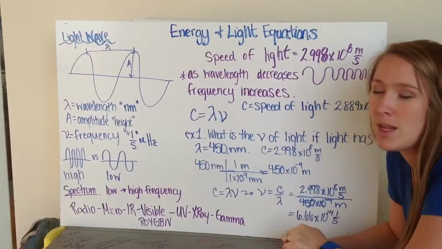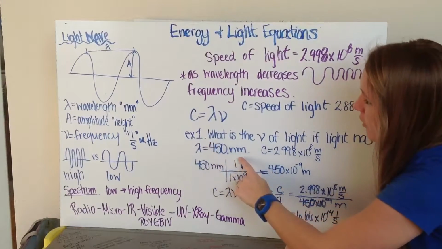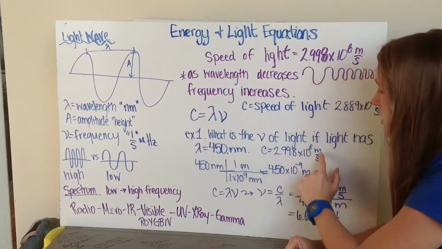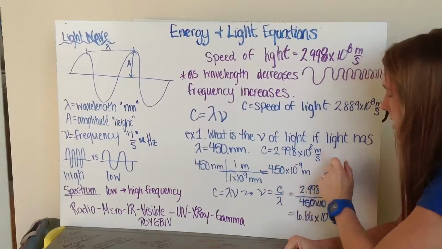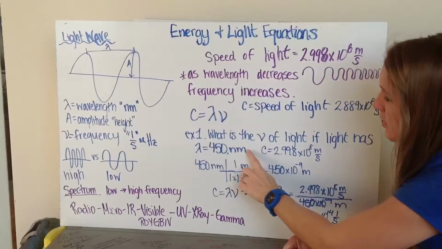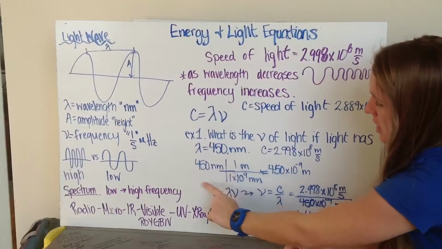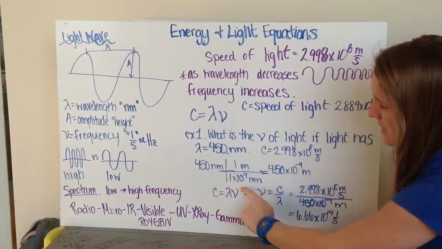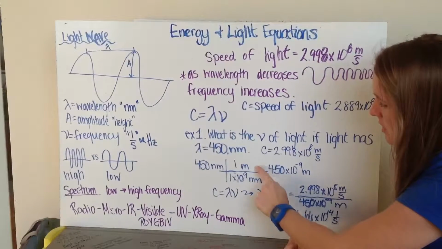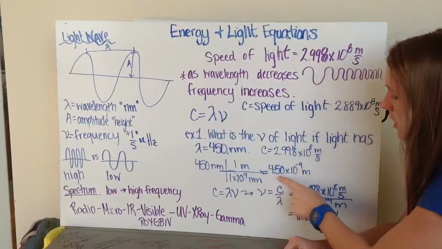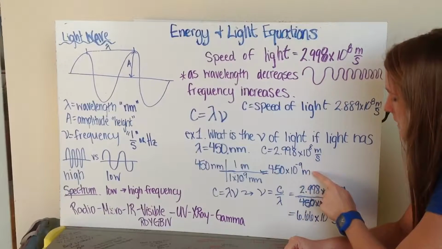We need to convert. It's easiest to convert our 450 nanometers to meters as opposed to converting this number to nanometers. So we start by doing that, converting our 450 nanometers, using our unit cancellation, 1 times 10 to the 9th nanometers per meter, which gives me 450 times 10 to the negative 9th meters.